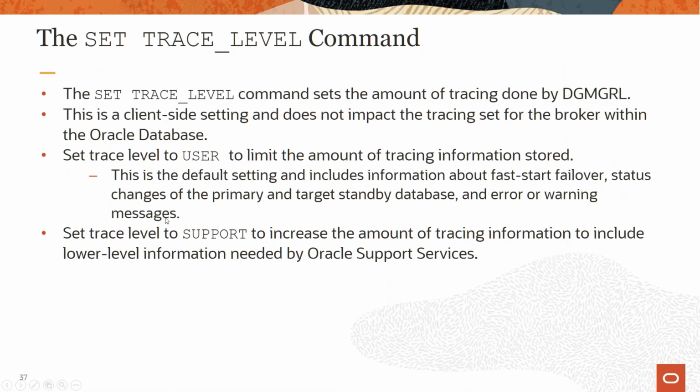And also, we can set the trace level command to set the amount of tracing done by the Data Guard Broker command line interface. This is a client setting and does not impact tracing set for the broker within the database. So we can set trace level user to limit the amount of tracing information stored, but if you are working with support and support requests more information, you can set it equal to support.